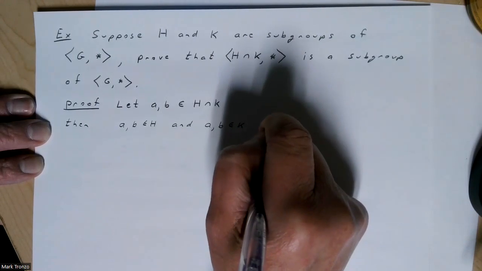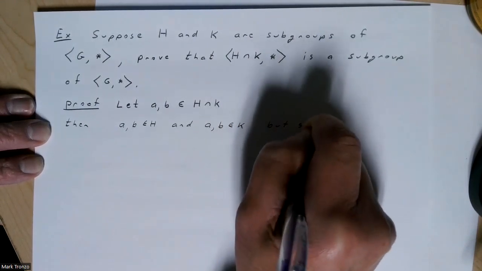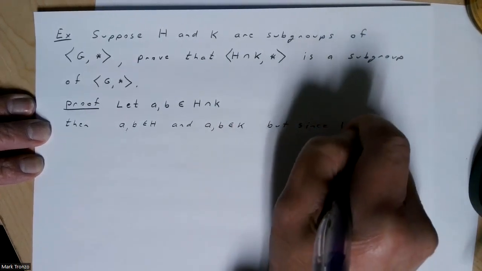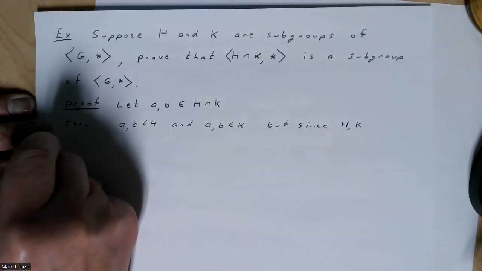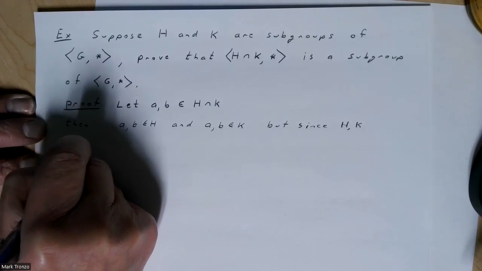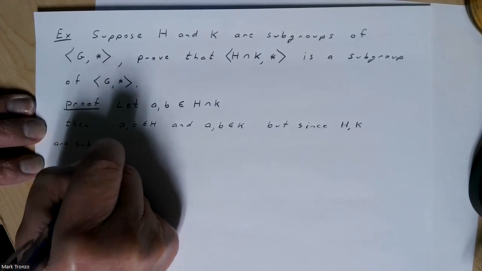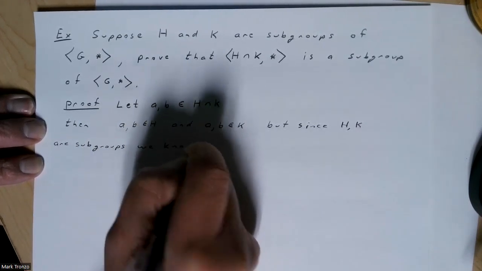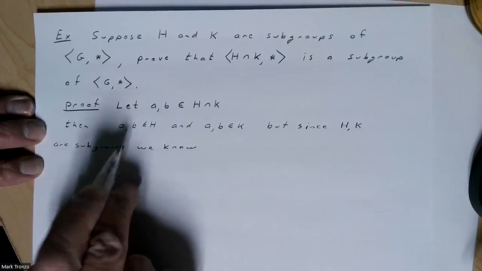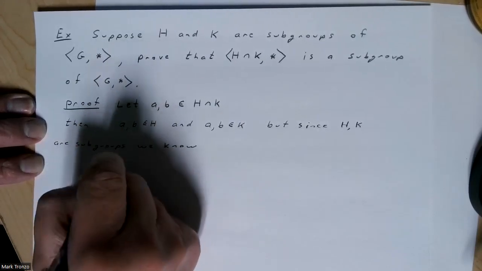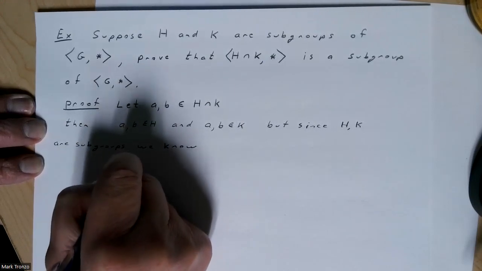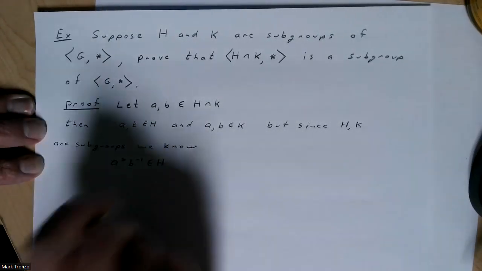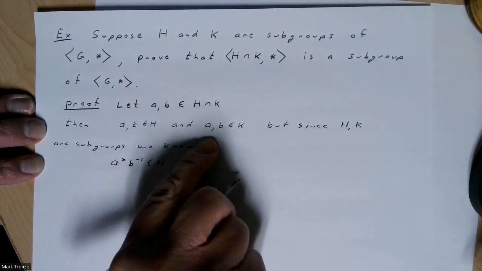But since H and K are subgroups, we know that for any A and B in H, we have A star B inverse to be in H, because this is a subgroup over here.